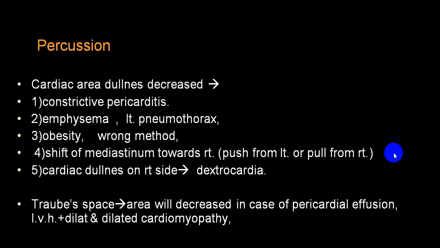In all these conditions, the area of cardiac dullness on the left side will be reduced. Do remember this. This can also be asked in your oral: in which condition the area of cardiac dullness will be reduced.